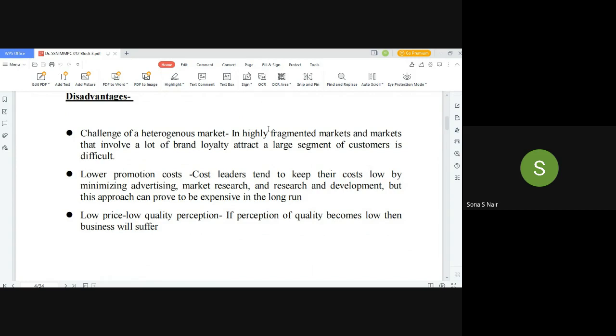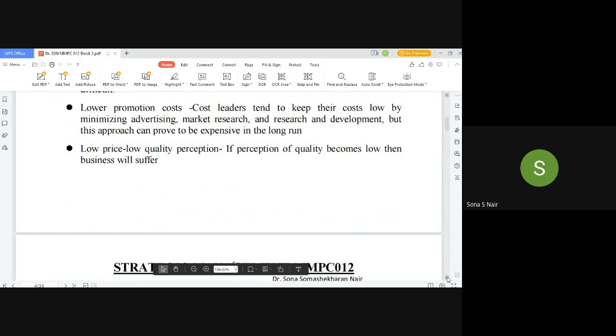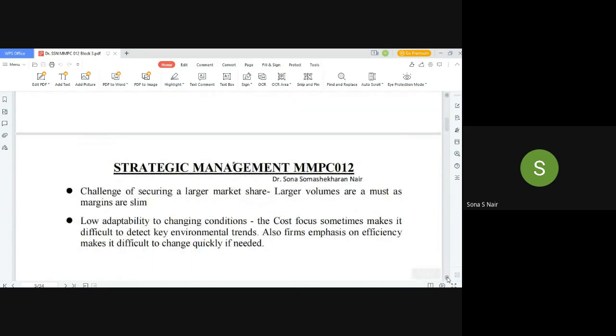We all feel that if the price is low, the quality of the product must also be low. If that perception becomes very widely prevalent, people might stop buying this product, and that could be a disadvantage.